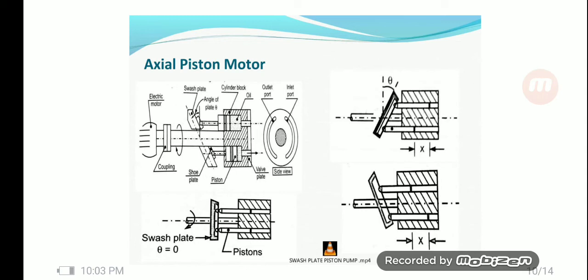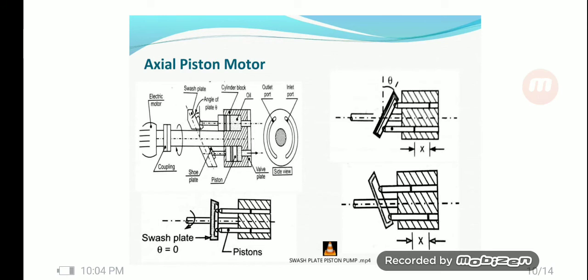Here a swash plate is used for creating the pressure. The swash plate is an inclined plate which normally has an angle of 40 degrees. The angle can be varied as per the requirement.